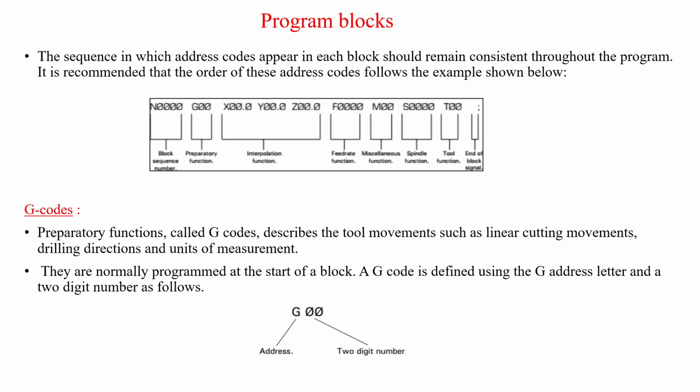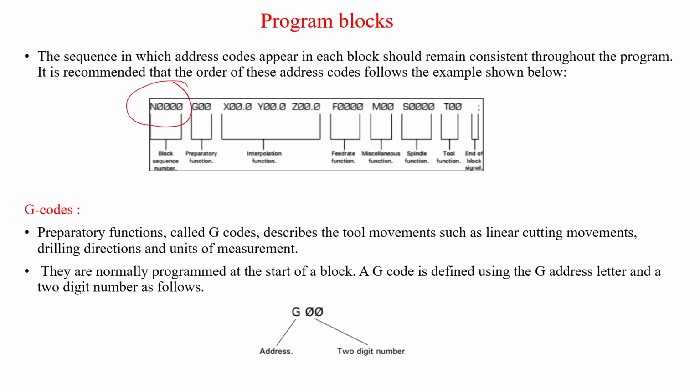Now we'll see how to program. When you're moving from one point to another, you have to write a code, right? That CNC code has a particular format or a particular sequence. That sequence is N G X Y Z F M S T. N is just the block number.